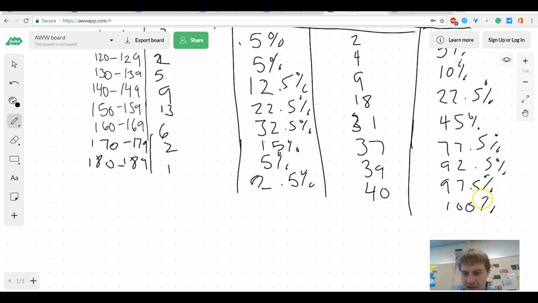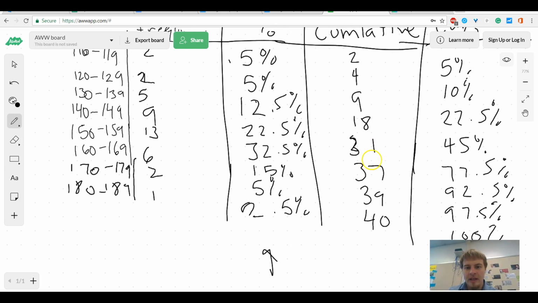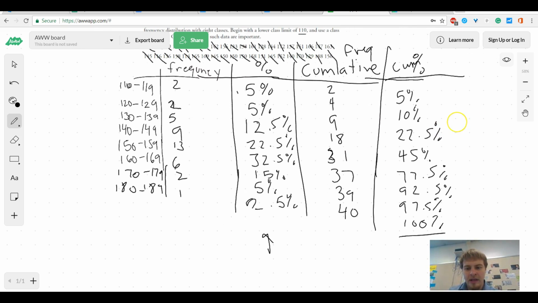We did it. This should always become 100%. If it doesn't become 100%, it's probably a rounding issue in here, or you calculated something wrong. But that's what we mean by cumulative frequency.